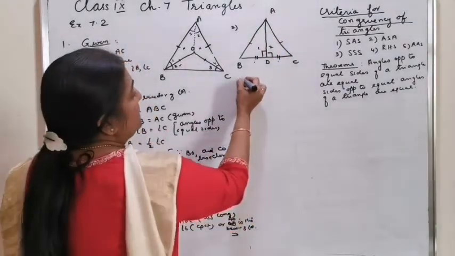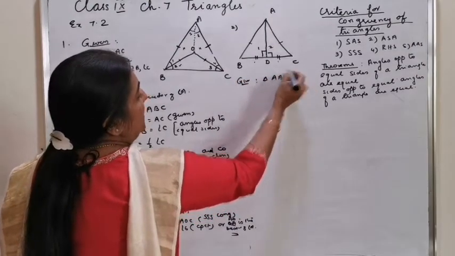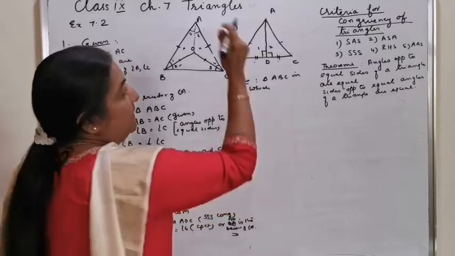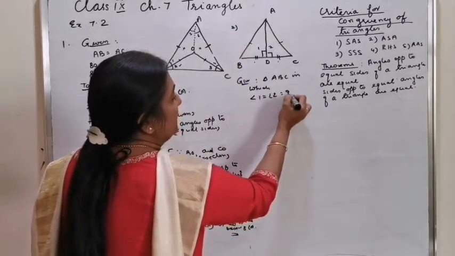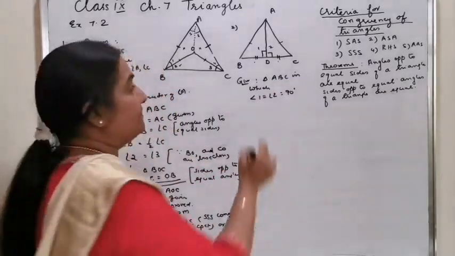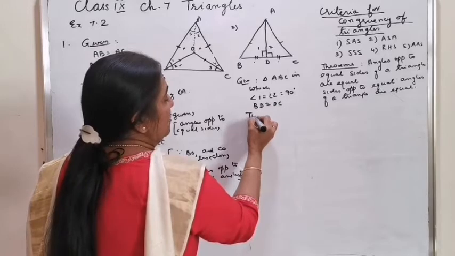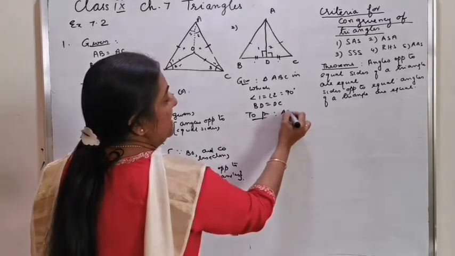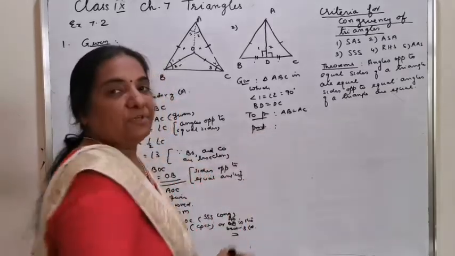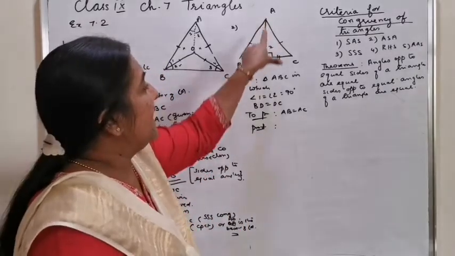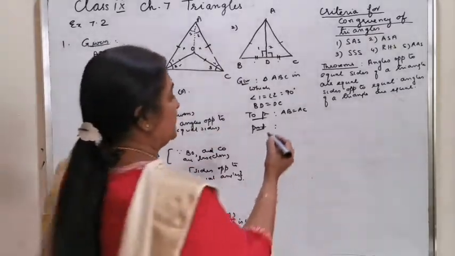or you have to prove AB and AC are equal. So, given is triangle ABC in which AD is the perpendicular bisector, means angle 1 is equal to angle 2 is equal to 90 degrees, BD is equal to DC. And what is to prove? AB is equal to AC. It's a very simple proof. Just prove triangles ADB and ADC are congruent.